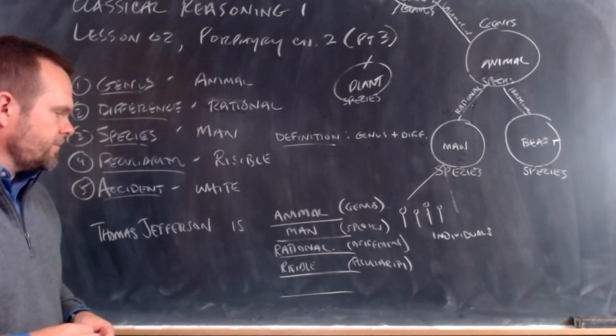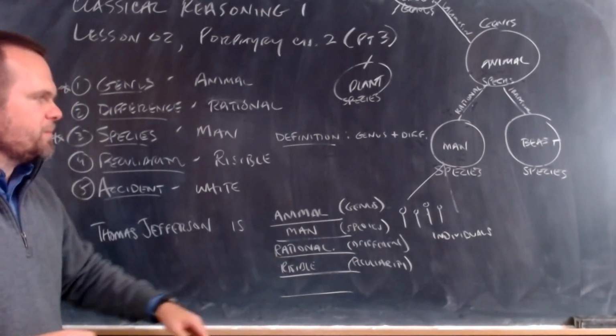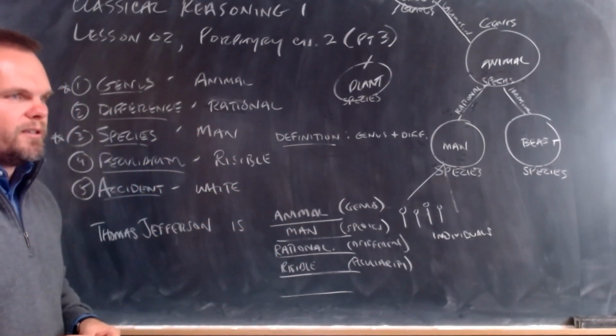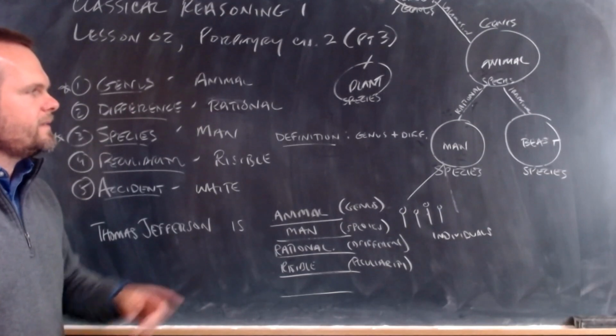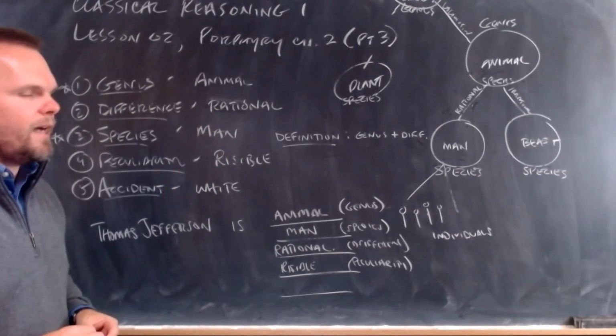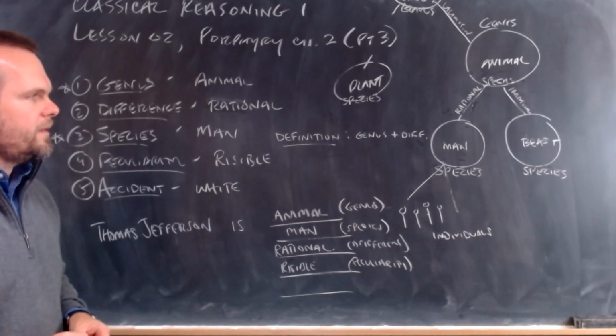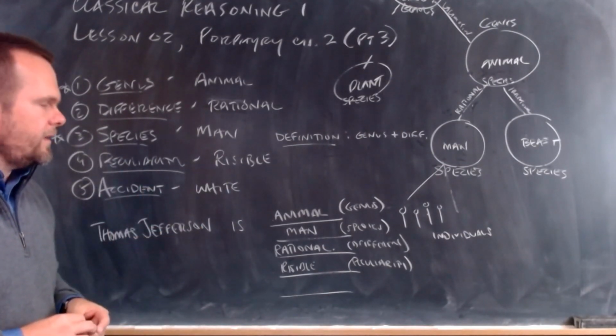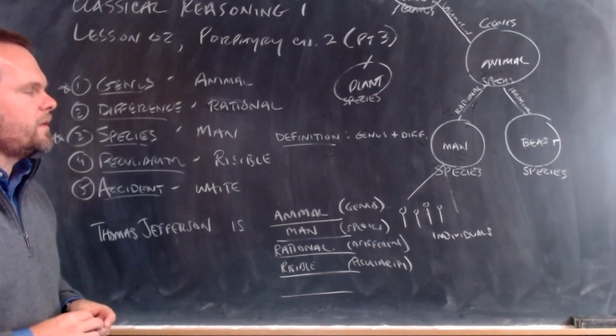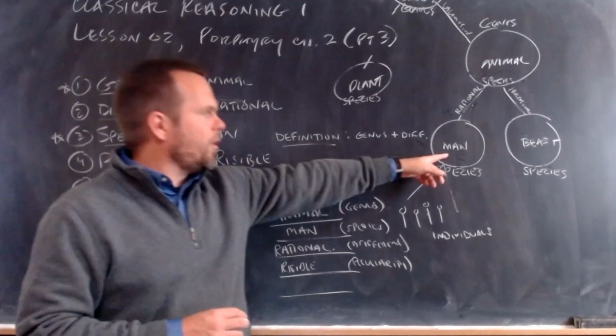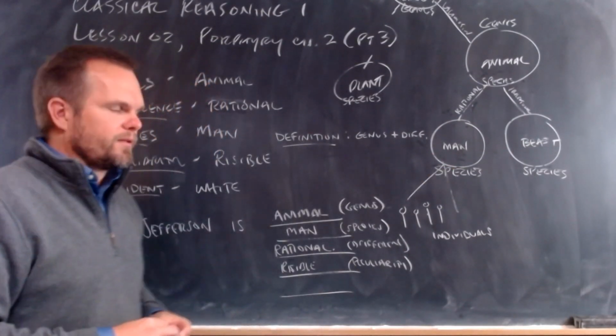Risible is like a difference because it divides the genus into its species, but it's not actually the characteristic that divides the genus. It just is another attribute that happens to belong only to one of the two species.